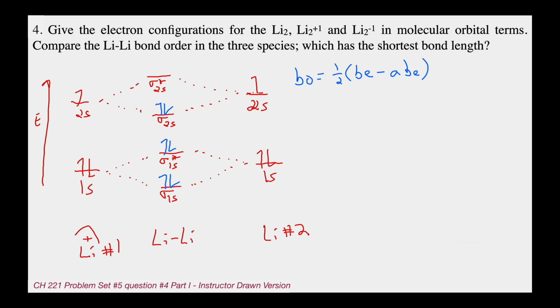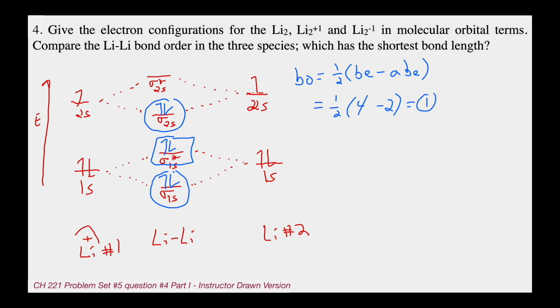So for this diagram, you would say, okay, 1/2, and you can see how there are bonding electrons here and bonding electrons here, so that would be 4. And then I'll try and make a square around it. This one right here would be anti-bonding. So it has 1/2 for 4 bonding minus 2 anti-bonding, bond order of 1.